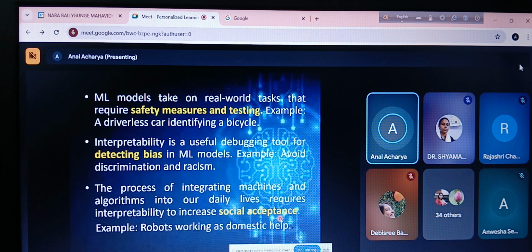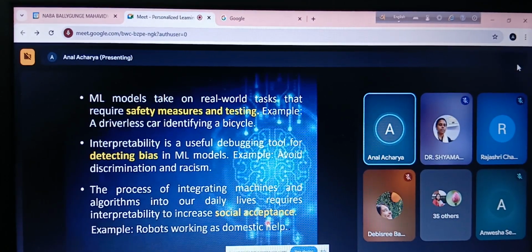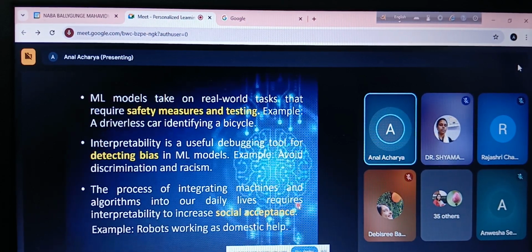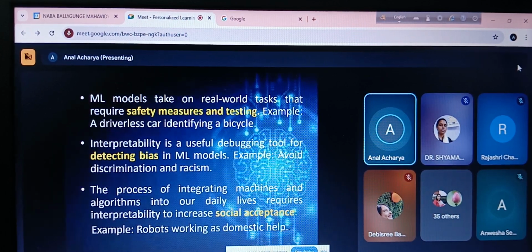Not only Amazon Alexa, there are some robots that can perform domestic work also. Now, the question is how and why they are able to help us. We should be able to understand that for us to accept them, isn't it? Once we understand how they are helping or what is the logic behind their work, then only we will accept them. So these are some of the places where we can use XAI.